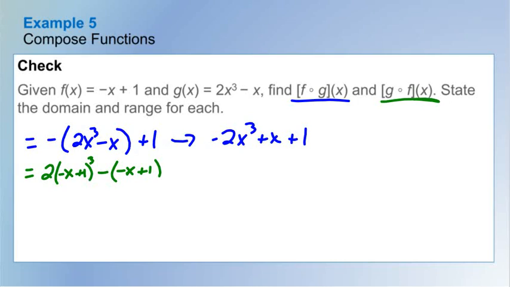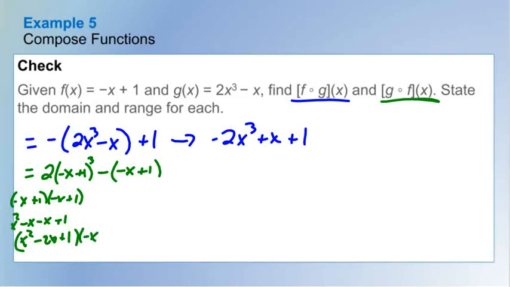And first, let's FOIL negative x plus 1 squared. So this will give us x squared minus 2x plus 1. Then multiply that by negative x plus 1.